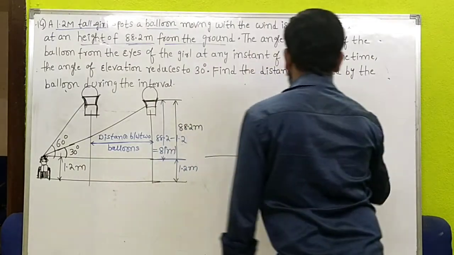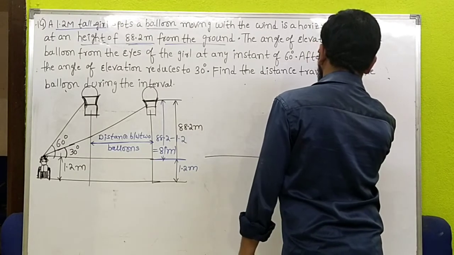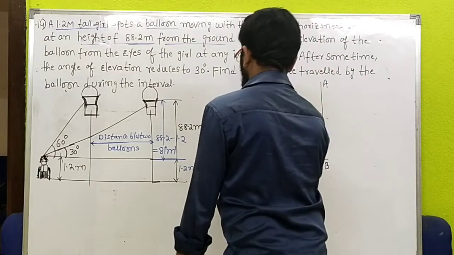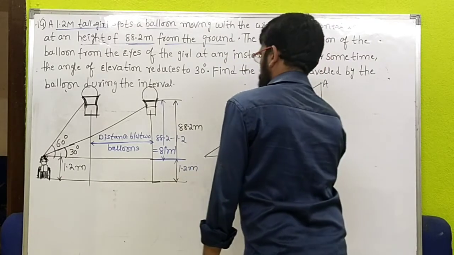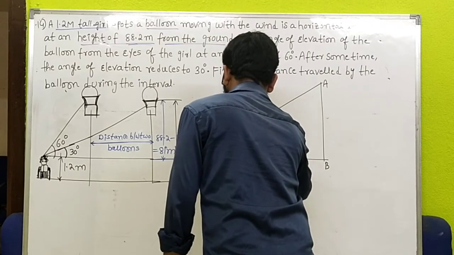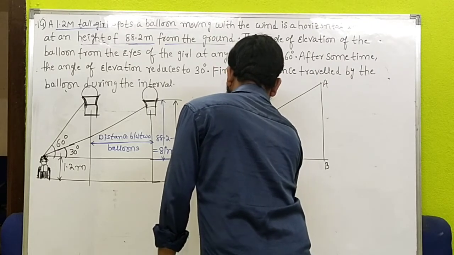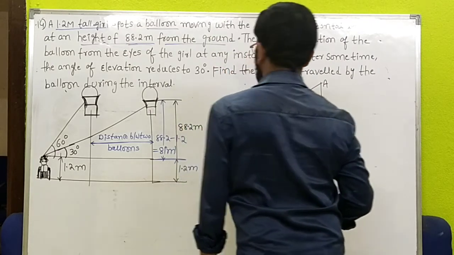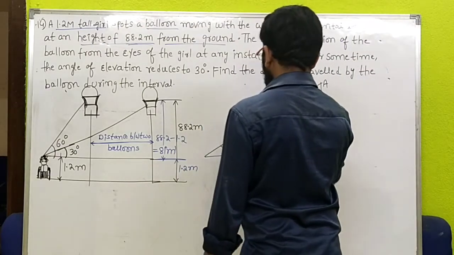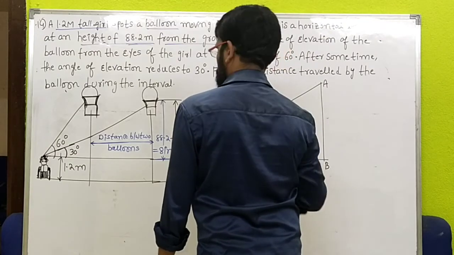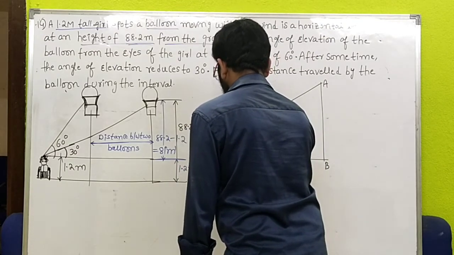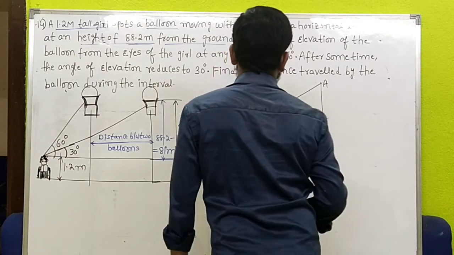Now let us name this part AB. This is 30 degrees. Again here, from here the angle is 60 degrees.